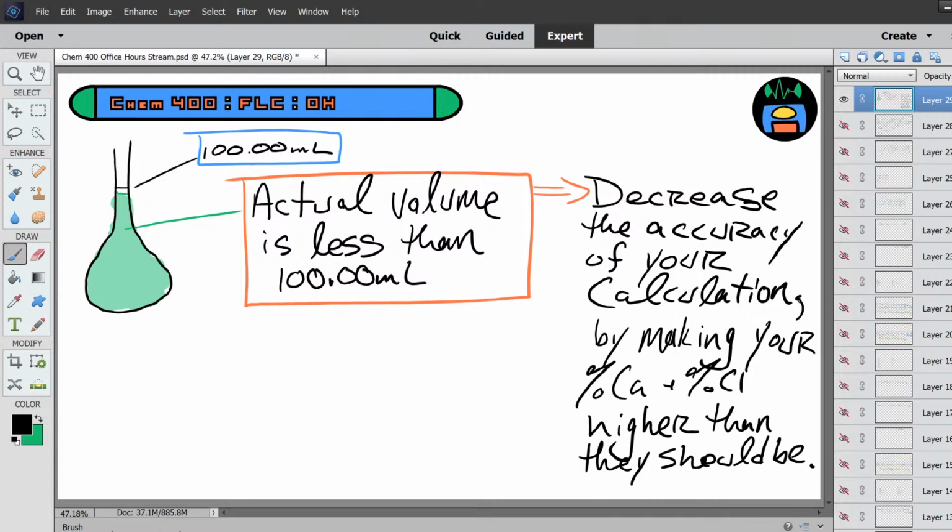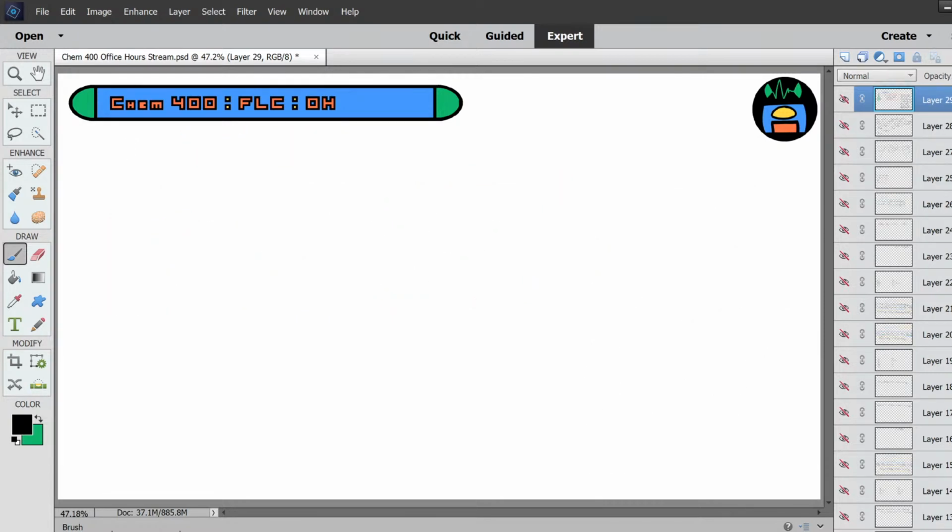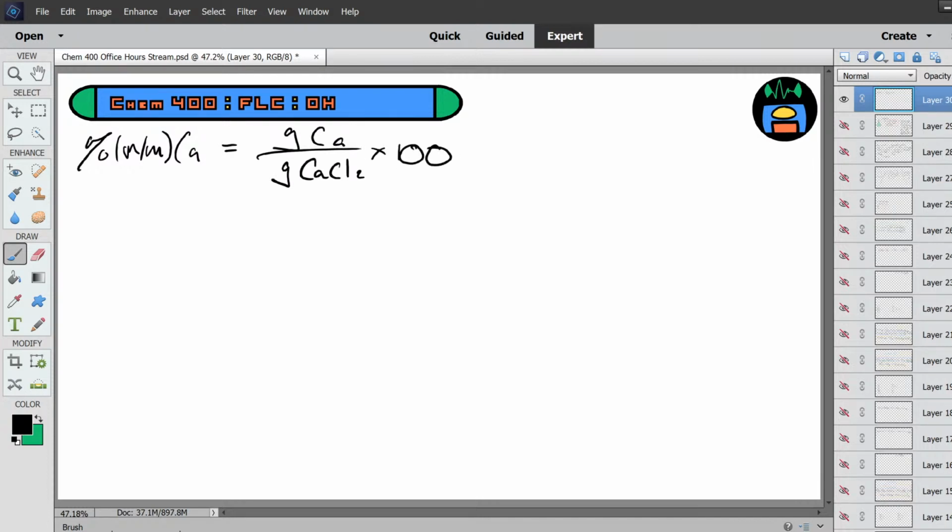All right, here's the mathematical origin. So percent mass of calcium, as you said, is grams of calcium over grams of calcium chloride times 100. That makes it a percentage.